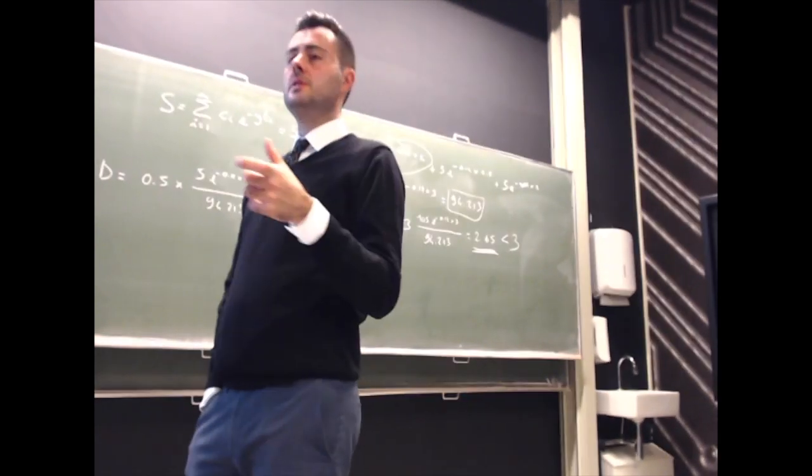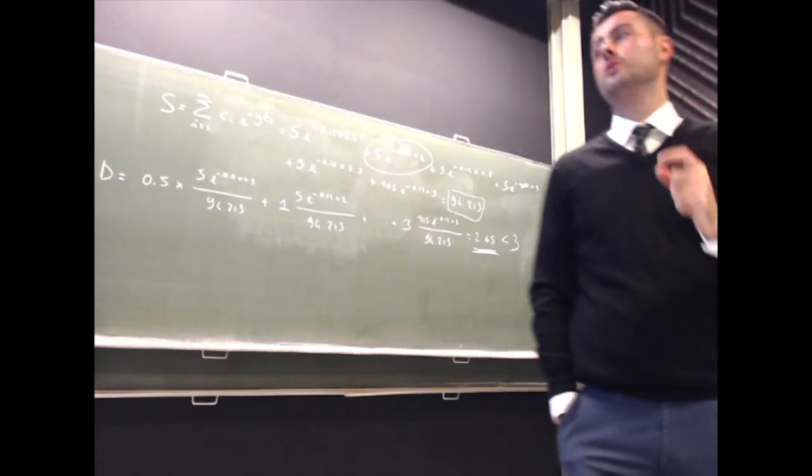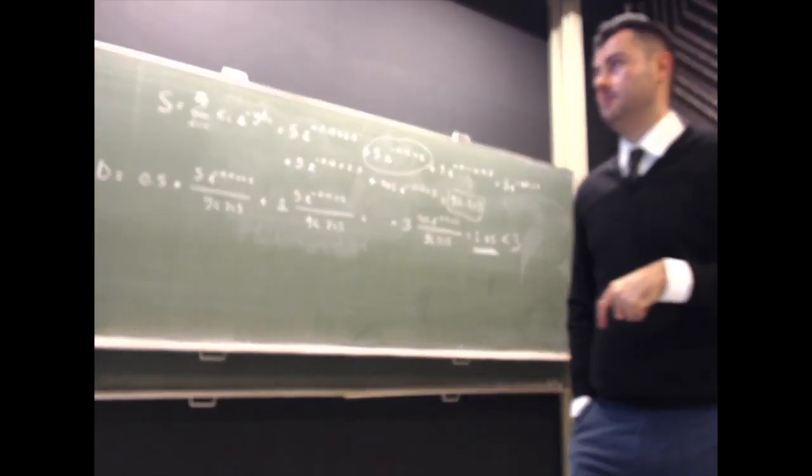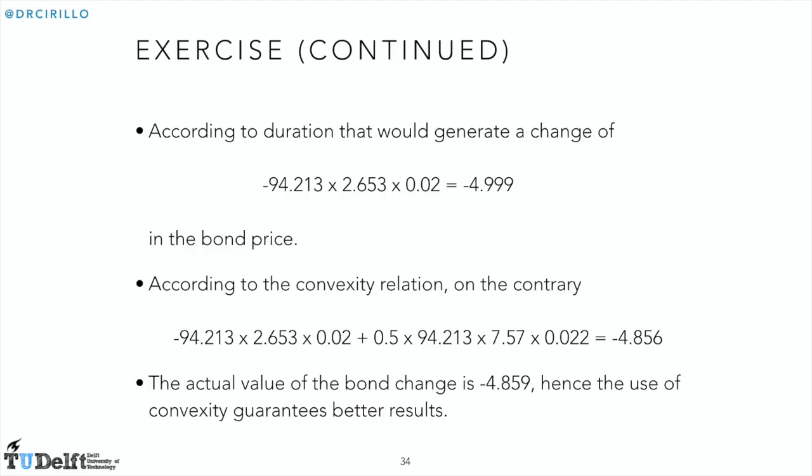Now let's see what happens if we use the duration approximation or we also introduce convexity. If we use the duration approximation, what we have to do is just to apply the duration formula. So the change in my market value would be the old one minus the old one times the duration times the change 2%.